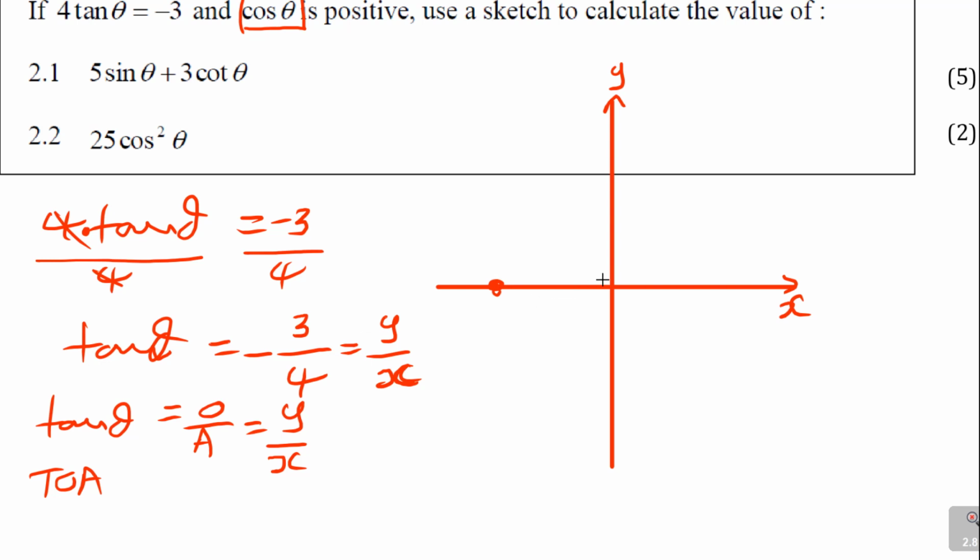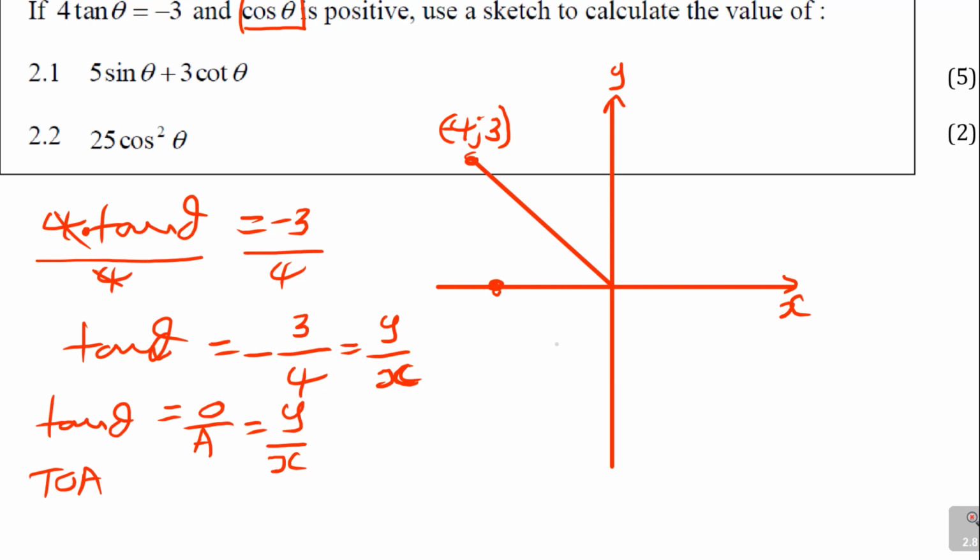I'm just trying to show you how you can come up with different diagrams. When you draw a diagram here, you will have here 10. Remember, x is 4, so it will be x is -4, y is 3. Right. Now let me check.